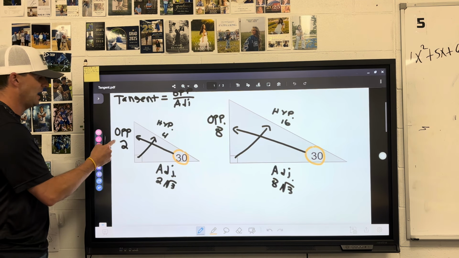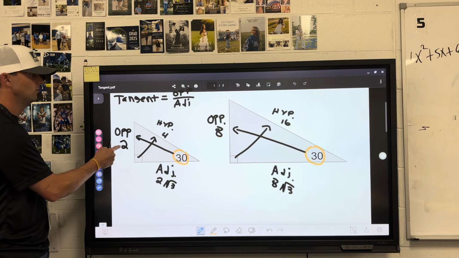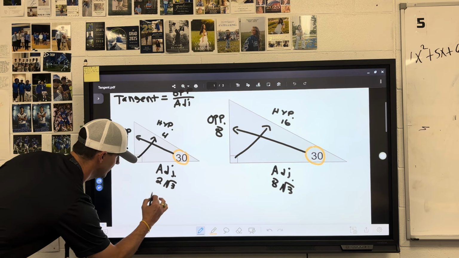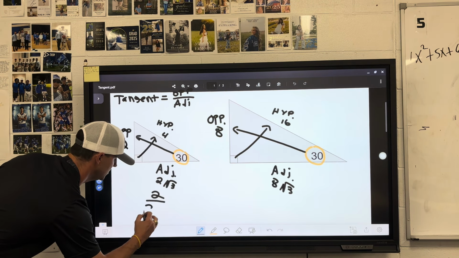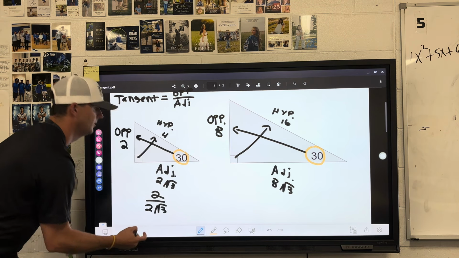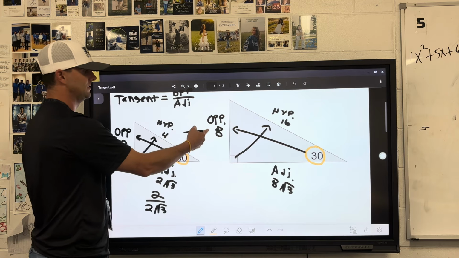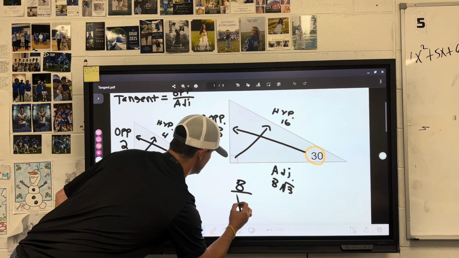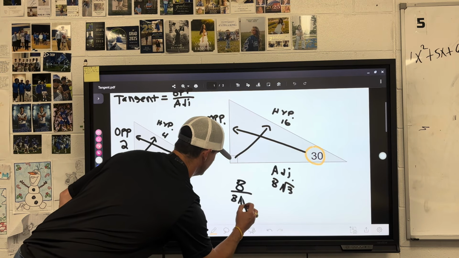So right now, my opposite side of this triangle is 2 and my adjacent side is 2 square root 3, so I'm going to do opposite over adjacent. I'm going to do the same thing with this triangle, opposite over the adjacent, so 8 square root 3.